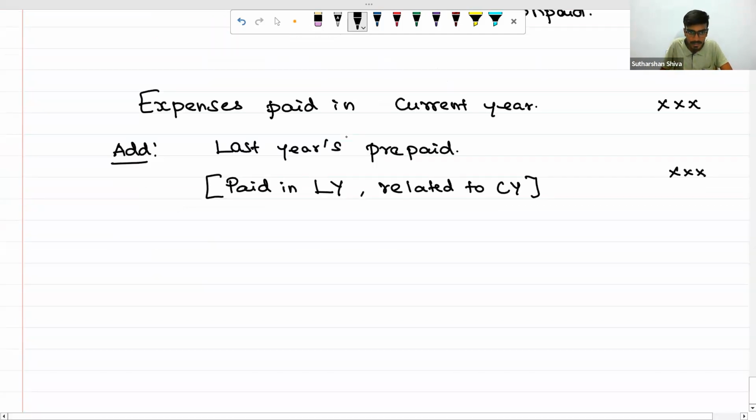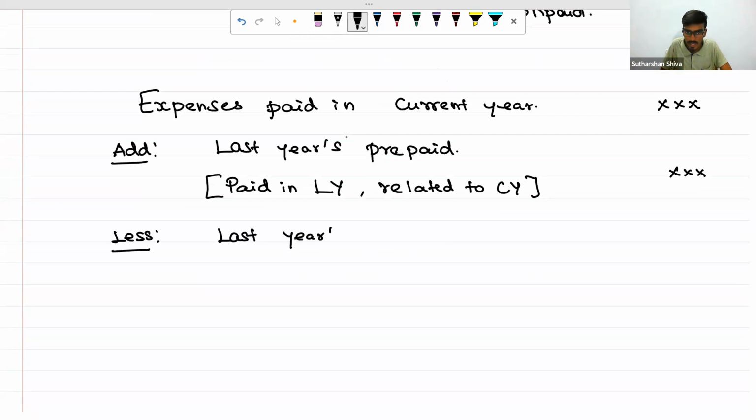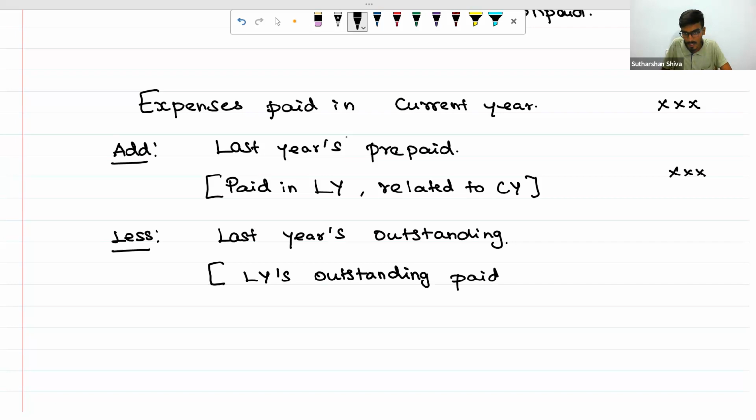Next, less. I am going to subtract a few things. That is last year's outstanding, if any, which is paid in current year. Last year's outstanding paid in current year, I am going to subtract.